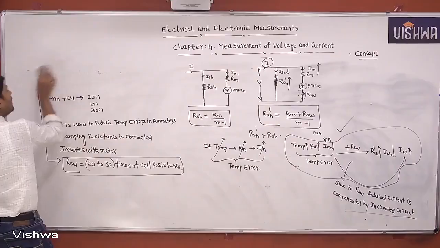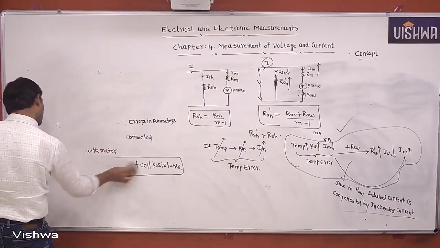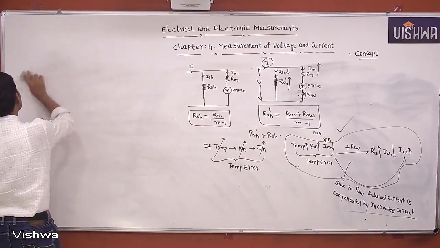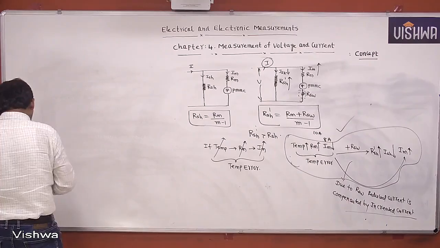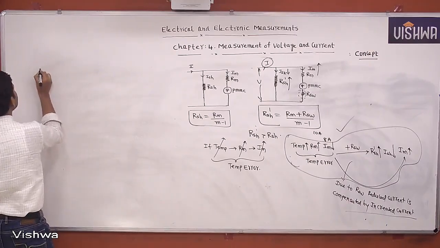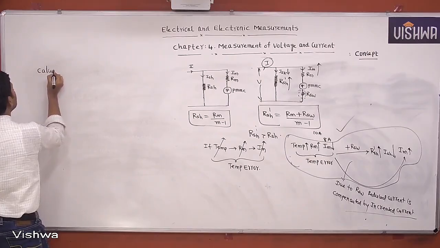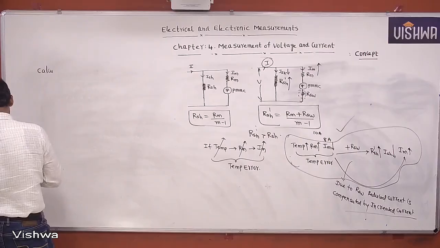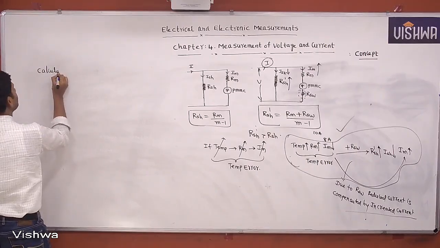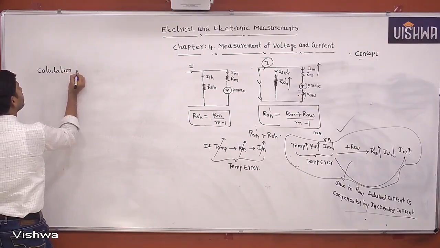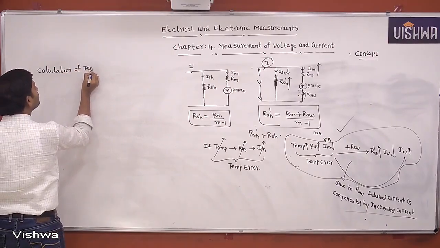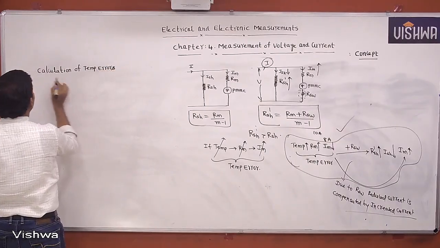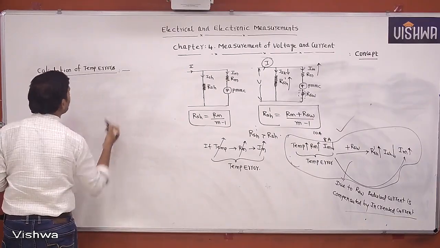Then how to calculate temperature errors? Calculation of temperature errors. I want to explain this in two cases. Concentrate.